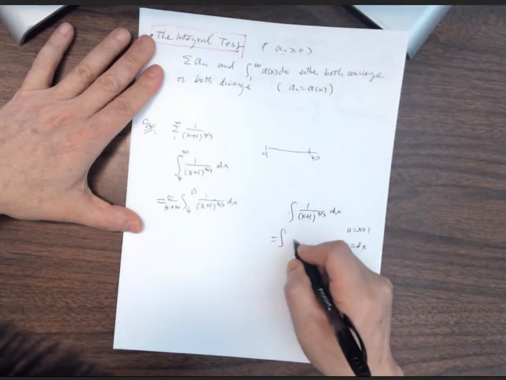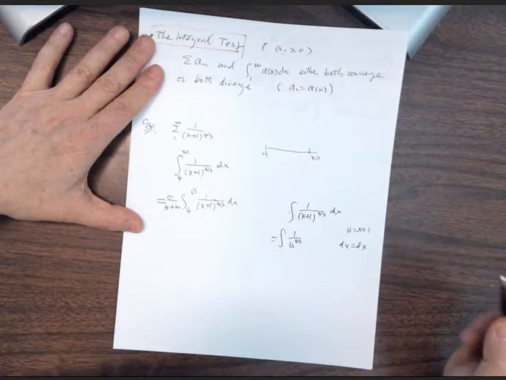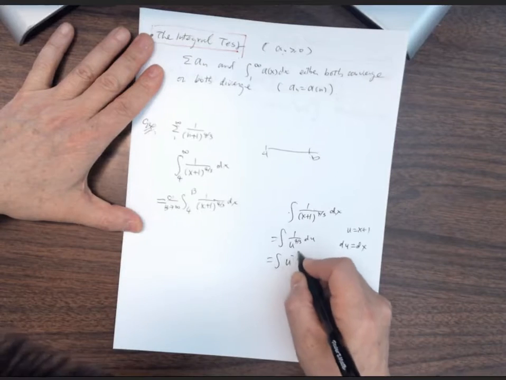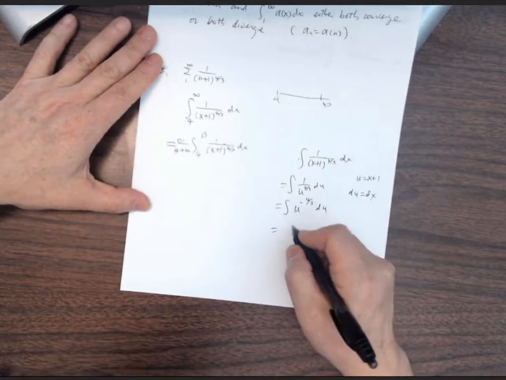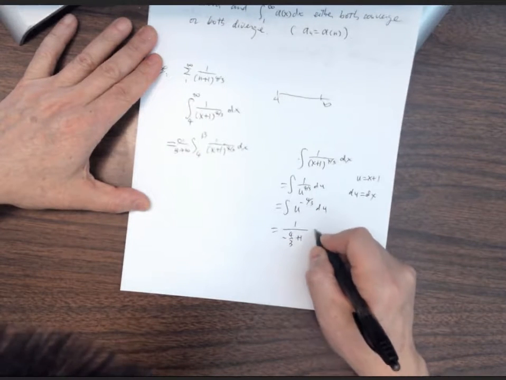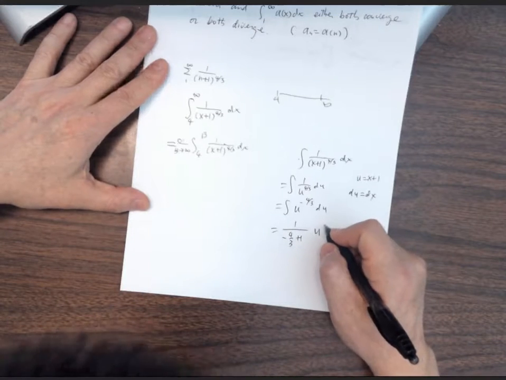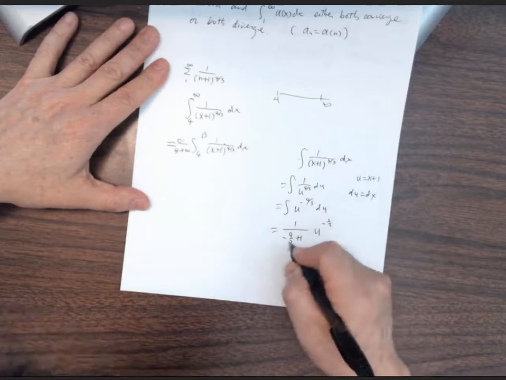So this is 1 over u to the 4/3 power du. Now apply the formula. It's 1 over 4/3 plus 1, u to the negative 1/3.